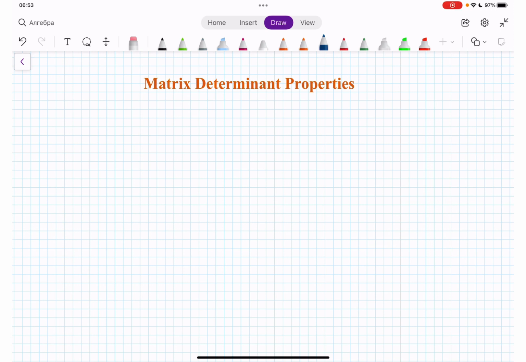First one: when a matrix is transposed, the value of its determinant does not change. That's property number one.